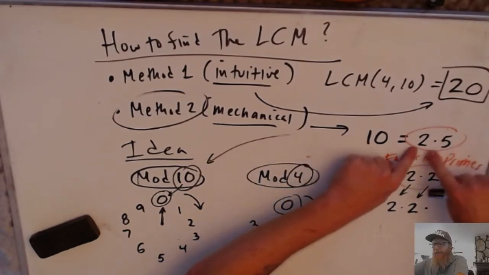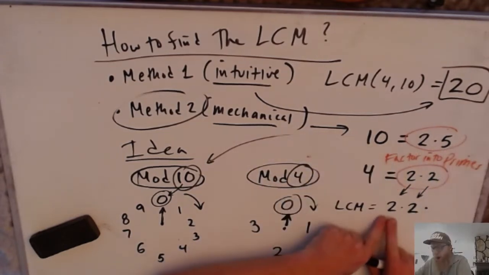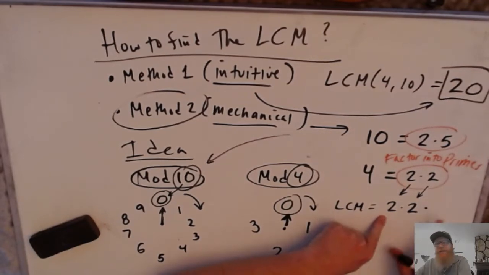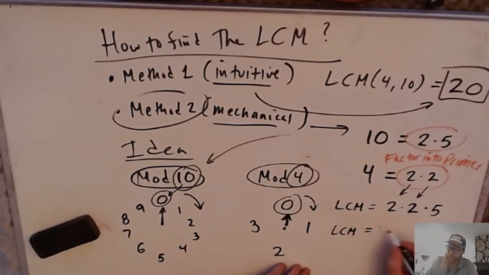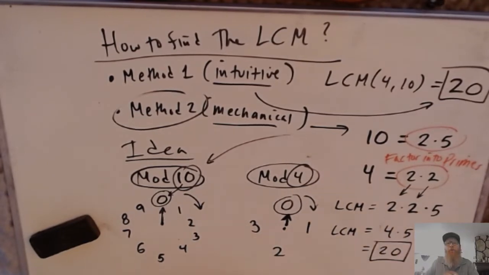So this one is 2 and 5. You already have a 2, so you don't need to add a third 2. And then you're going to add 1 5. So the LCM is 4 times 5, which is 20. The same answer that I got intuitively.